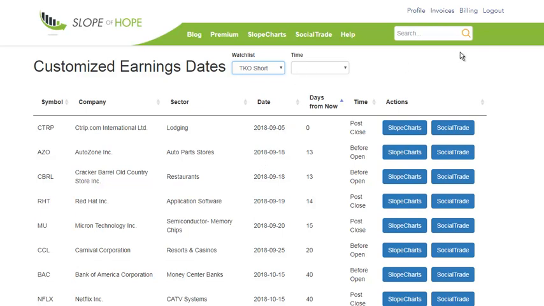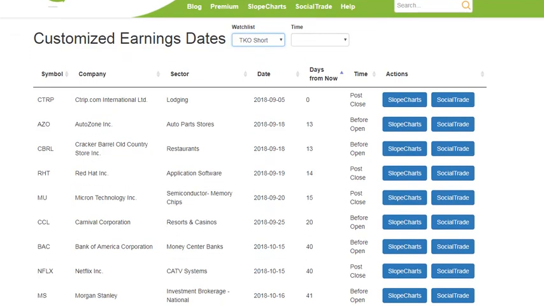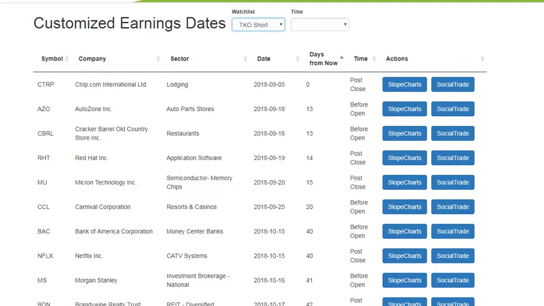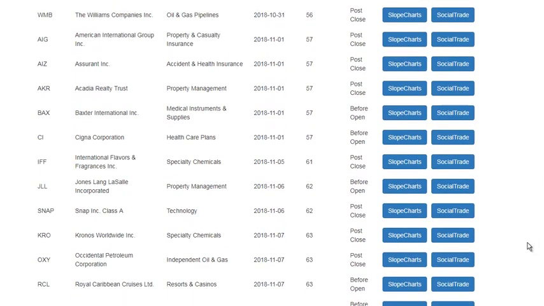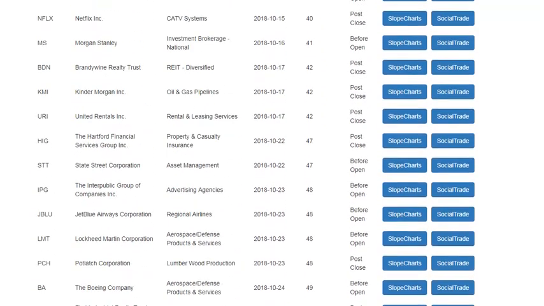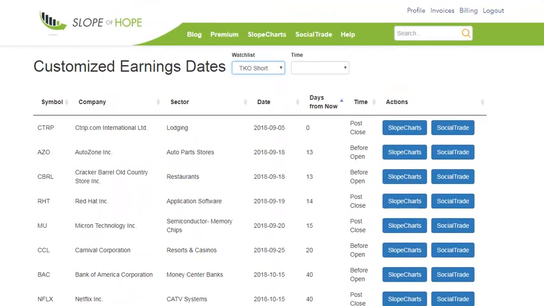And so this shows, based upon those many positions, when the earnings is going to be on them and how many days from now. Now I'm recording this during the middle, so we're nowhere near earnings season, so a lot of these dates are way in the future, 50, 60 days off in the future. But as you get into the thick of earnings season, this becomes terribly helpful because you can really stay on top as to when the stocks that matter the most to you are going to report.